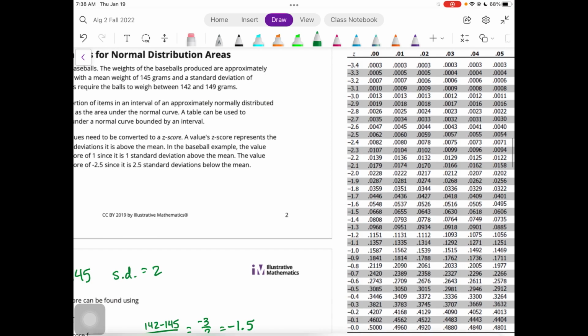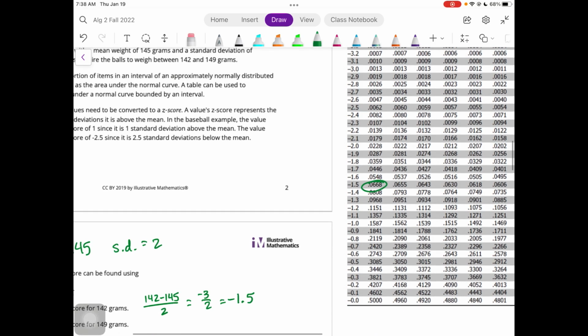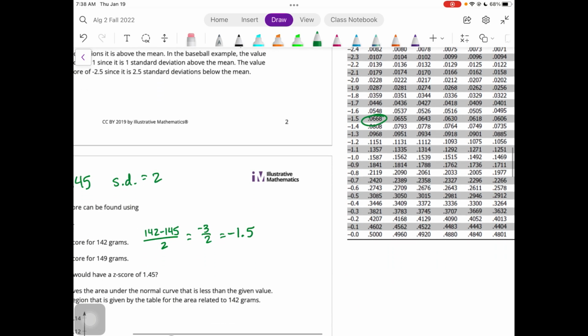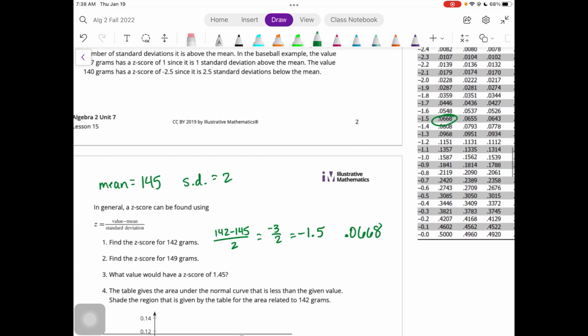So negative 1.5 would be right there, and we end up with 0.0668. So there would be about a 6.7% probability of getting 142 grams or less. I guess we didn't have to find that yet, but that's okay.